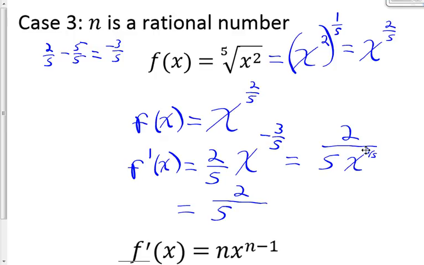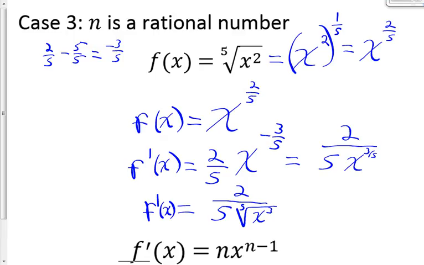And because the denominator is 5, that's still my index for my radical. 5 becomes the index for the radical. And the numerator is the power of x that I have as the radicand. So x to the third power. So the answer here, the derivative f prime of x is equal to 2 over 5 fifth roots of x cubed.